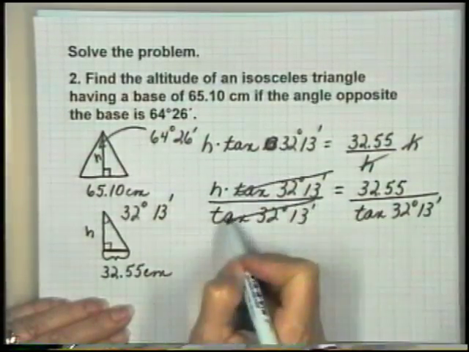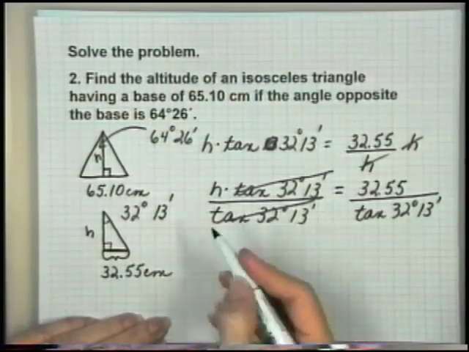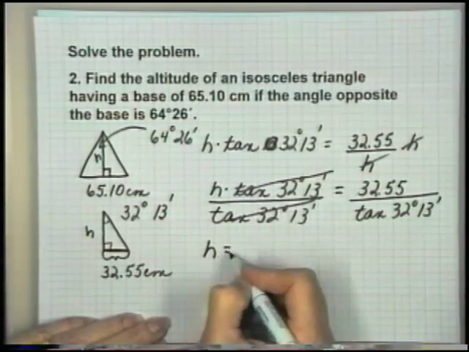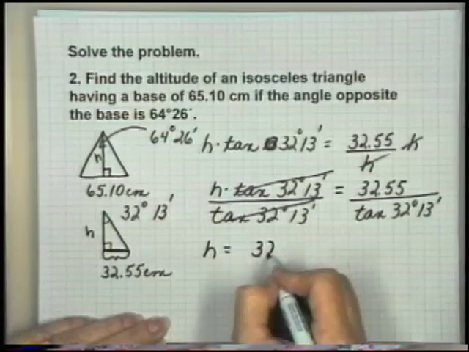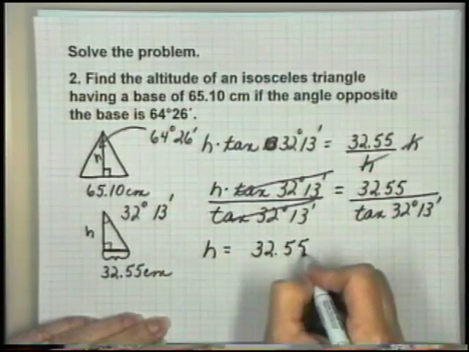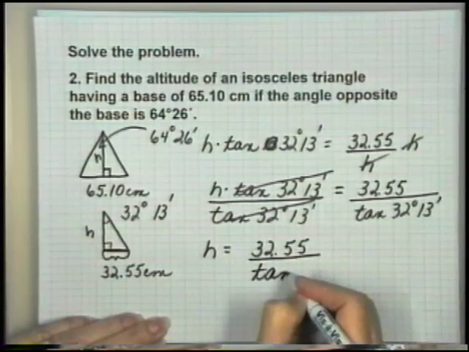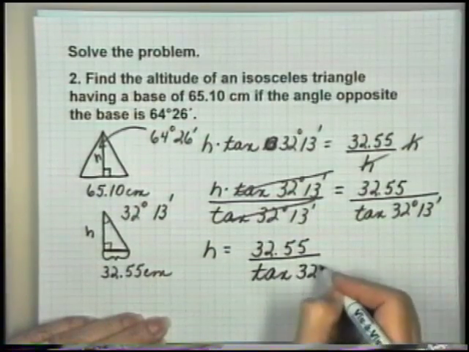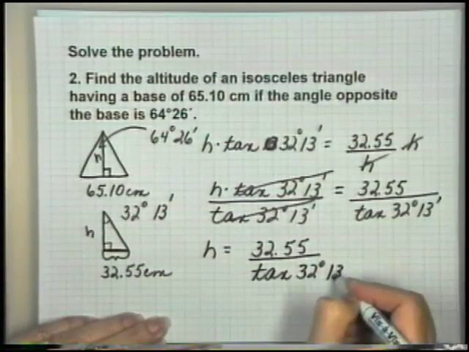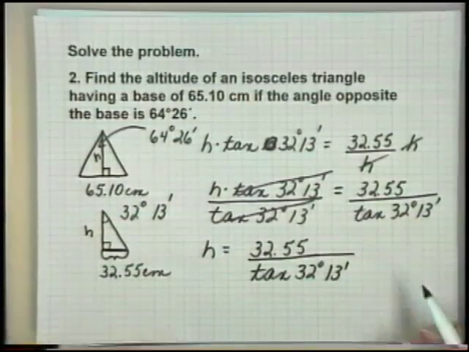Of course, those divide to 1, and so my H equals 32.55 divided by the tangent of 32 degrees, 13 minutes.